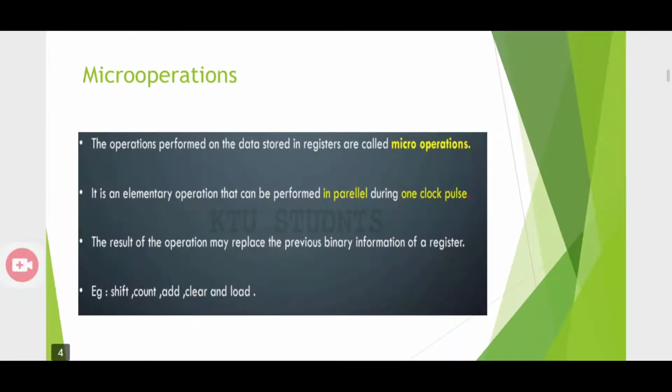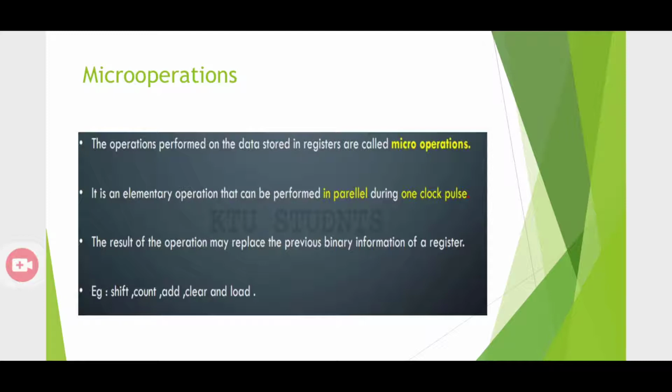So what do you mean by a micro operation? The operation that is performed on the data that is stored in a register. Registers are the smallest memory and they are used for data storage, and whichever operations are performed on the data are known as micro operations. It is an elementary operation that can be performed in parallel during one clock pulse.